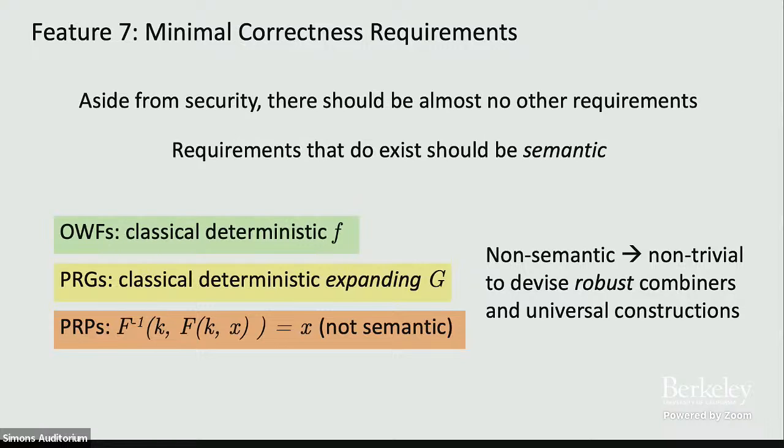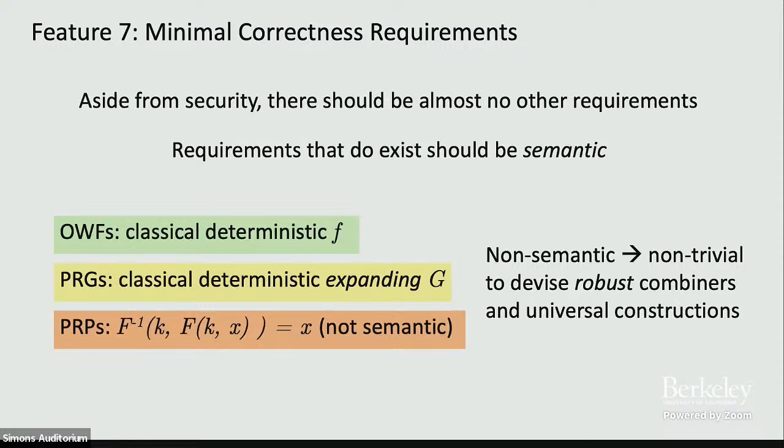And this is actually related to the previous point about universality, in that if you have two pseudorandom permutations, let's say, and you're guaranteed that they're both permutations functionally, that there's an F and an F inverse and they actually invert each other, then it is actually trivial to combine them. You can just compose them and you're done.